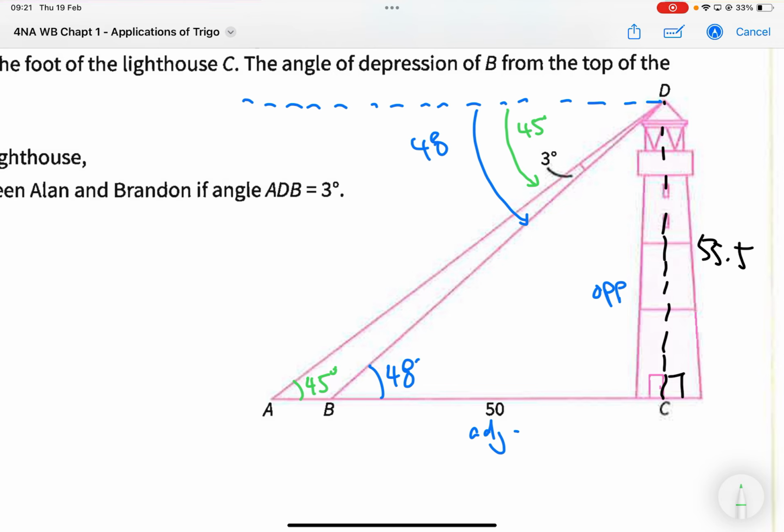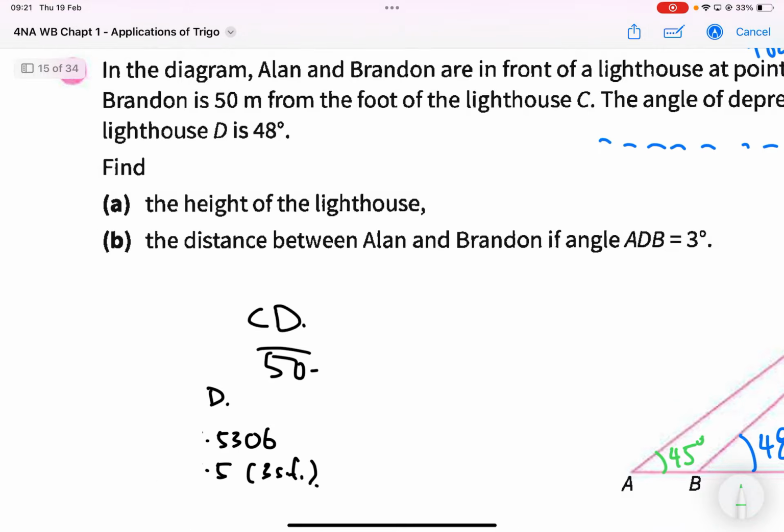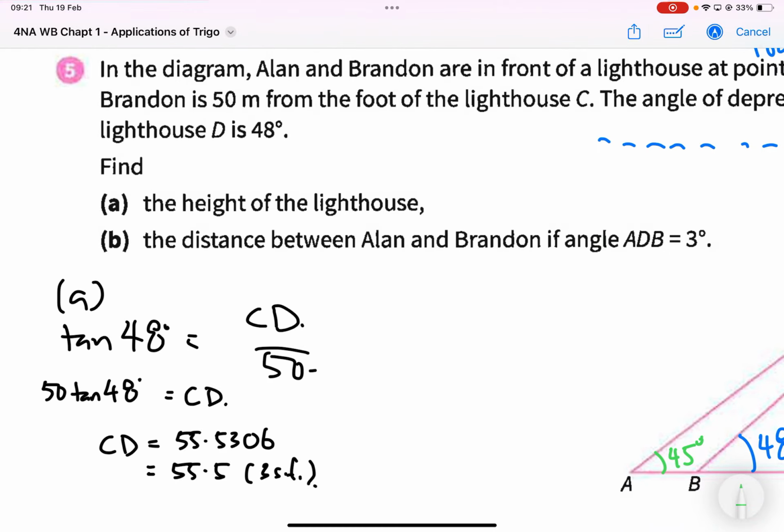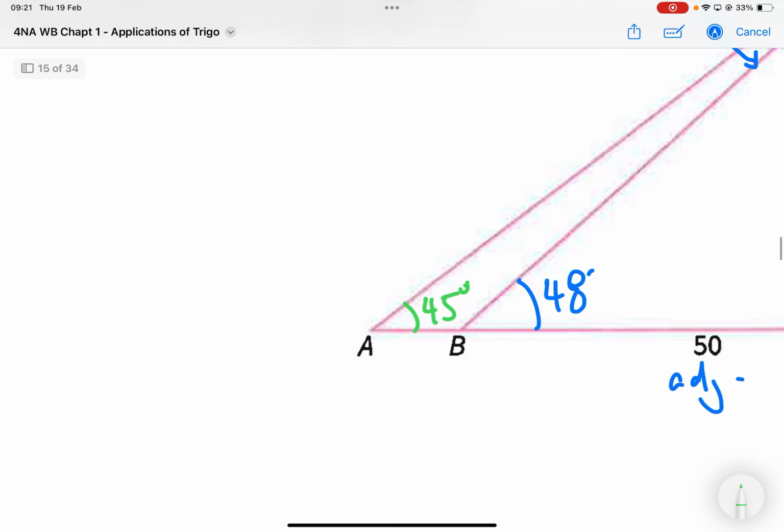Okay? Now with this angle 45, I want to find what is AB. If I can find AC, AB is just AC minus 50. Because now the question is asking me to find the distance between Alan and Brandon, which is this distance.